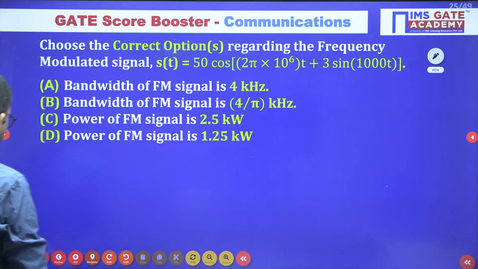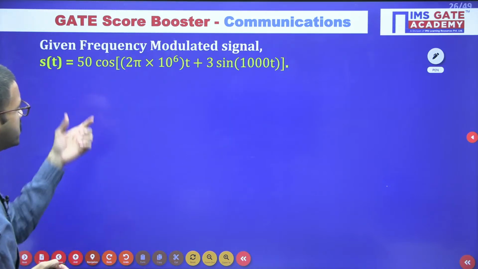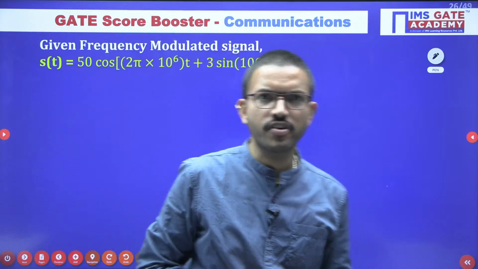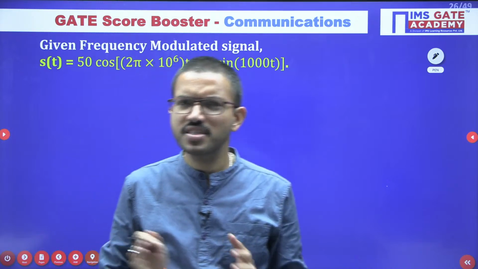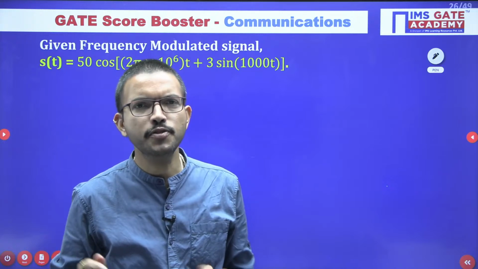First, let us consider the given FM signal. Just compare the given FM signal with the standard equation of FM. In the previous chapter, we focused on the standard equation of the AM signal and the DSB signal, right? Similarly, you'll have the SSB signal also.